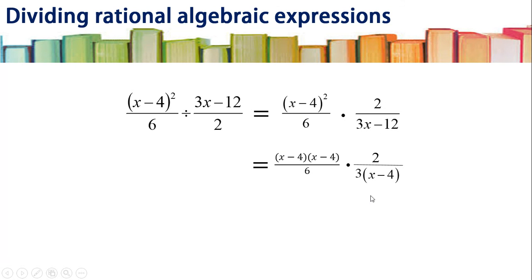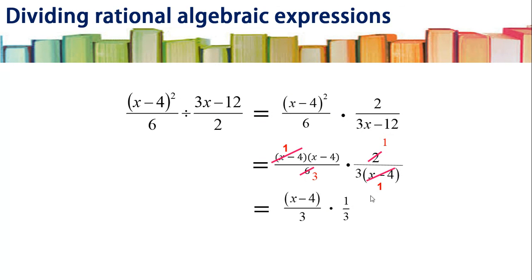After, you can cancel everything that is common. So, you can cancel 6 and 2. That will become 1 and 3. What else? x minus 4, so that is 1. After that, multiply everything left on the numerator and denominator.